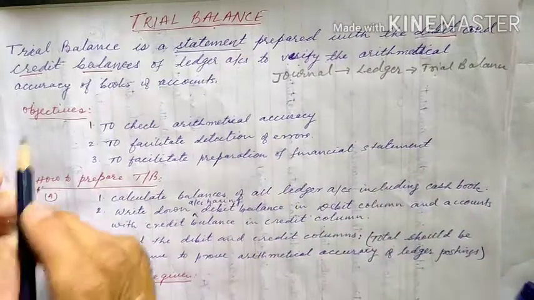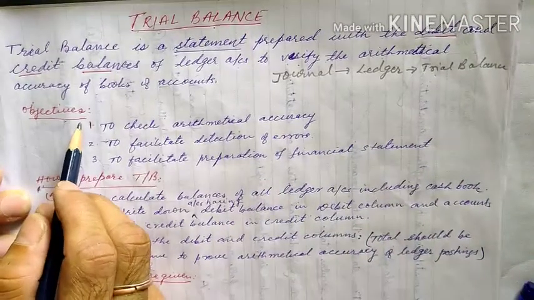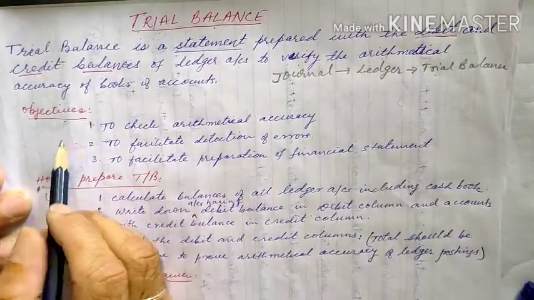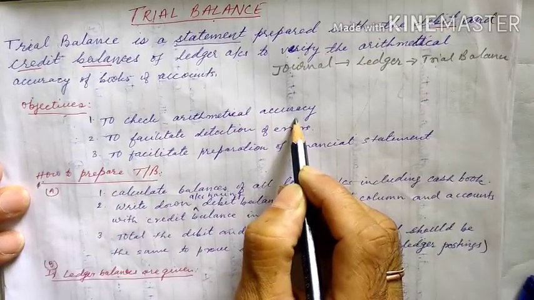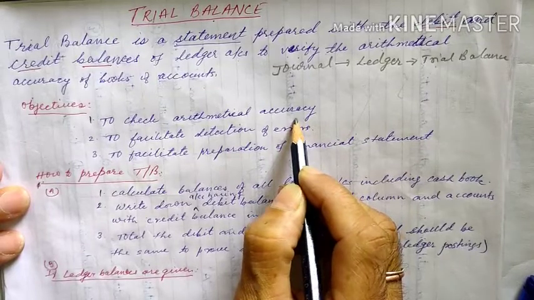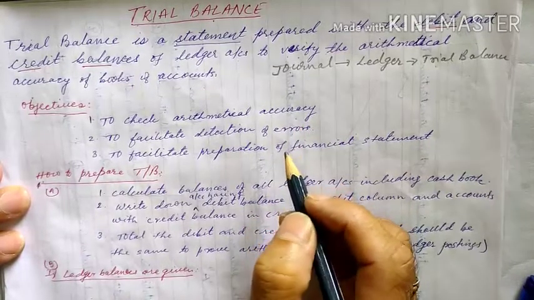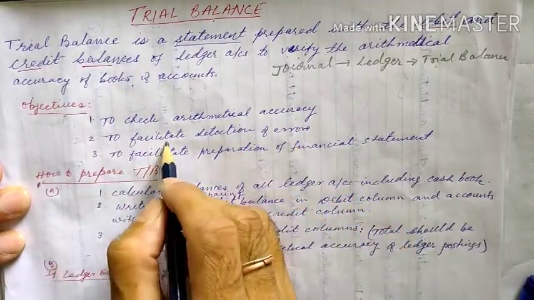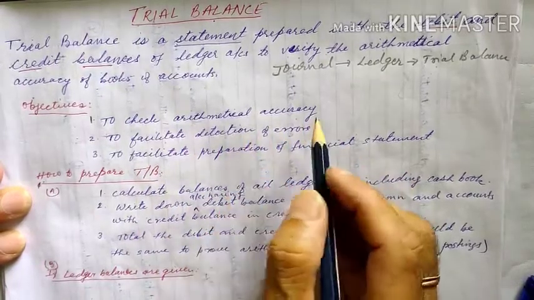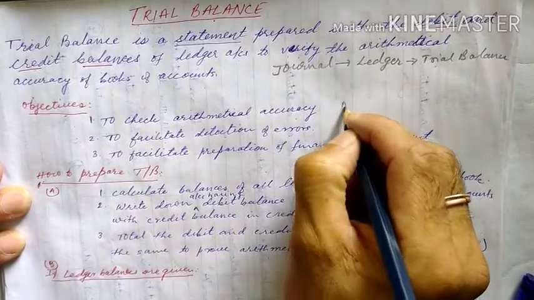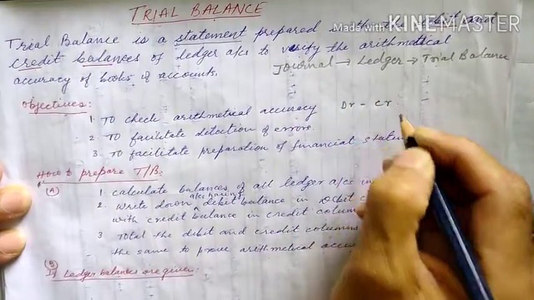Now let's understand the objectives of a trial balance. A trial balance is prepared to check arithmetical accuracy, that means to find out whether the ledger postings are done correctly or not. To facilitate detection of errors. Now you have two sides here, debit side and credit side.